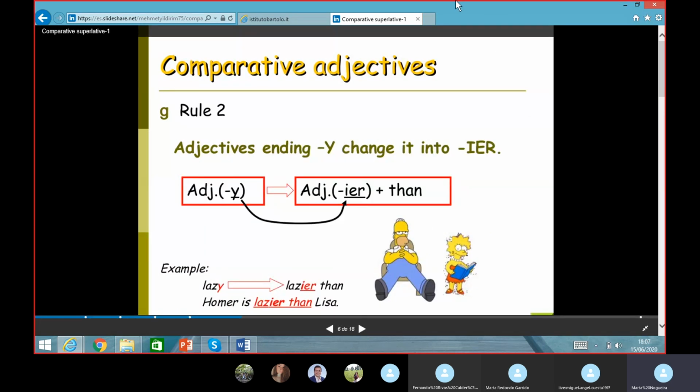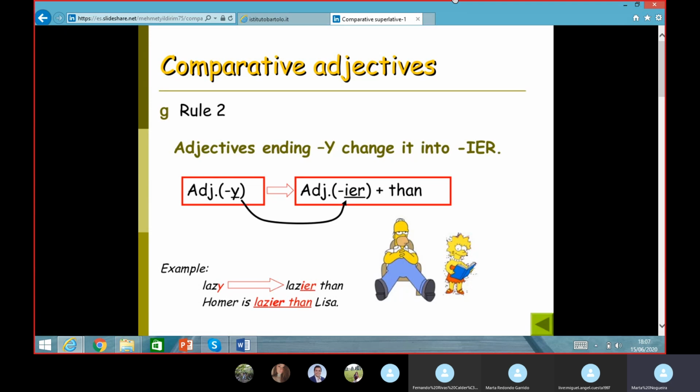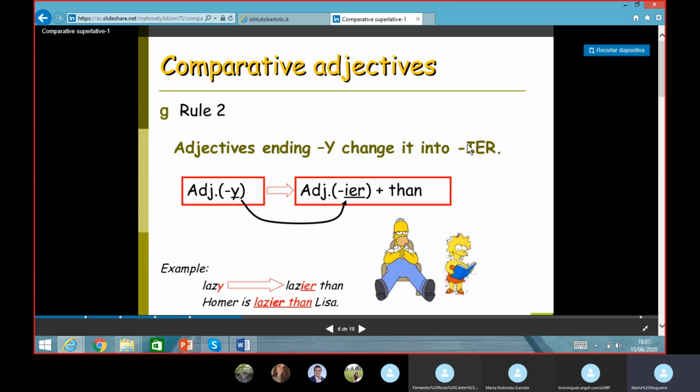As I have told you already, you are going to have this PowerPoint, so don't worry too much about copying. Just understand. We have the same rule, but sometimes we are going to have Y, so we are going to change the Y for IER plus than. We always put than in the comparative. So from lazy, as you have at the bottom of the page, I don't want to move the mouse too much because it's flickering.